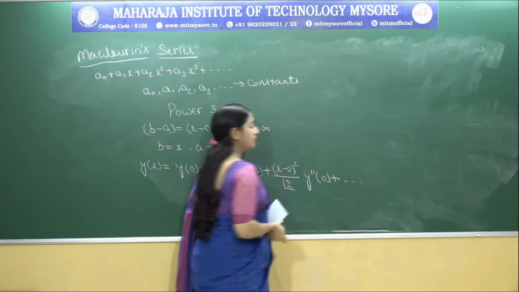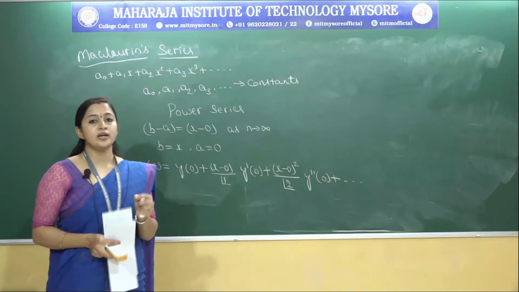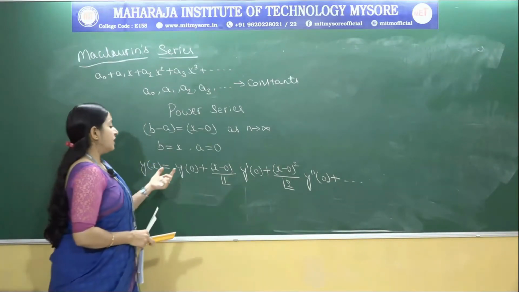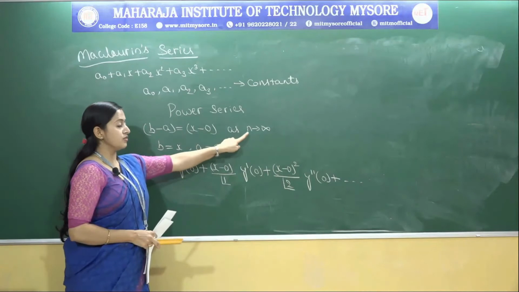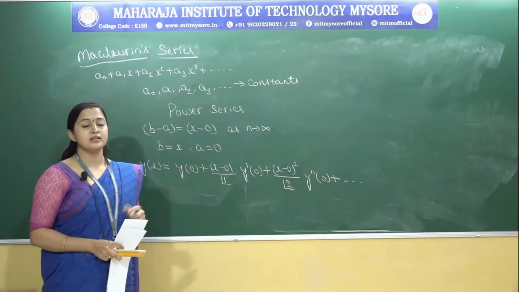You have to continue like this. So in the Taylor series expansion, if you put b equal to x and a equal to 0, and the last term is 0 as n tends to infinity, you will get the series. That series is called the Maclaurin series.